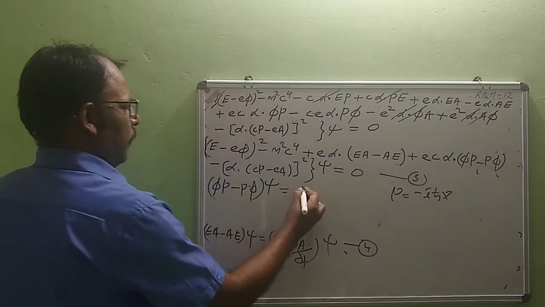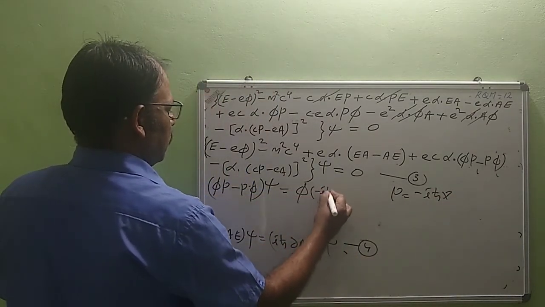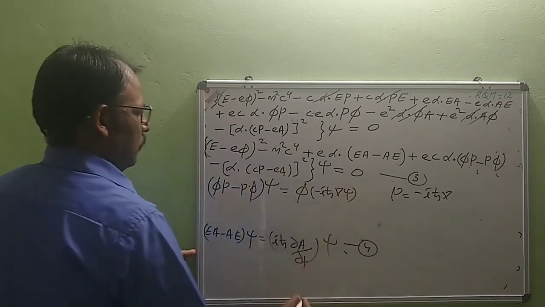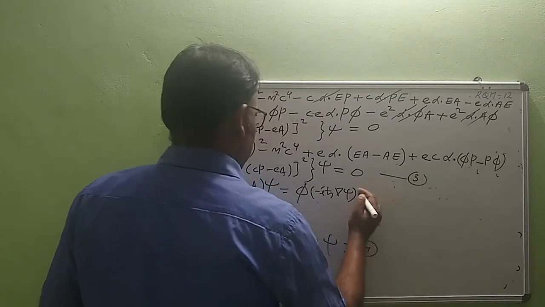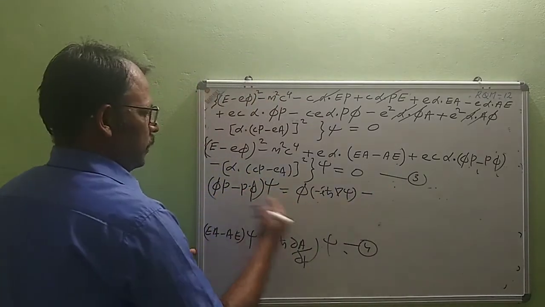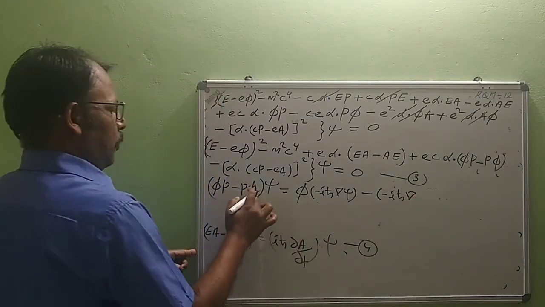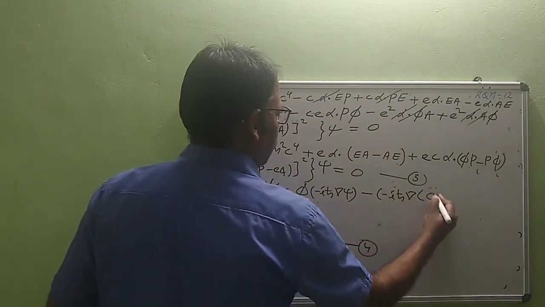So it will be phi into minus IH bar del operating on psi. Then minus P, which is minus IH bar del, operating on phi psi.